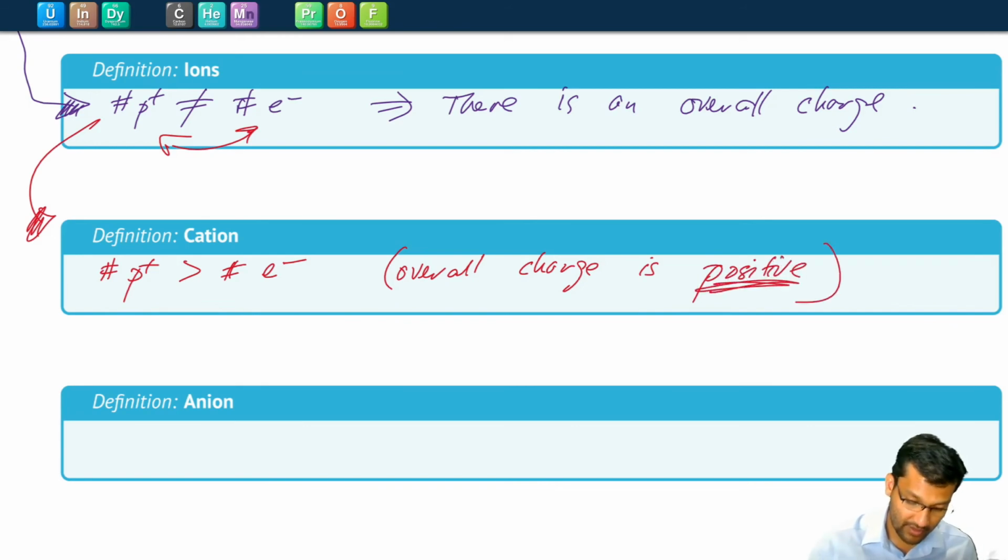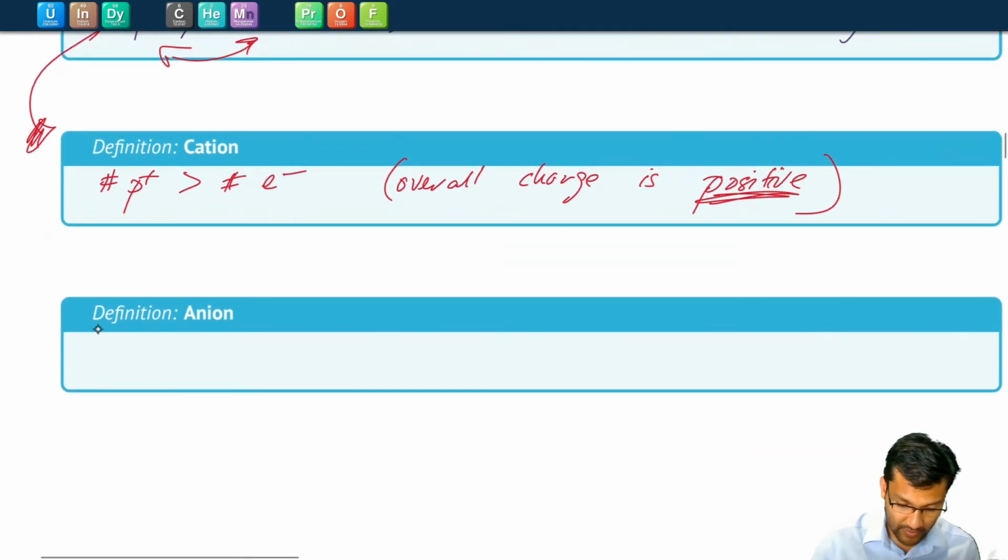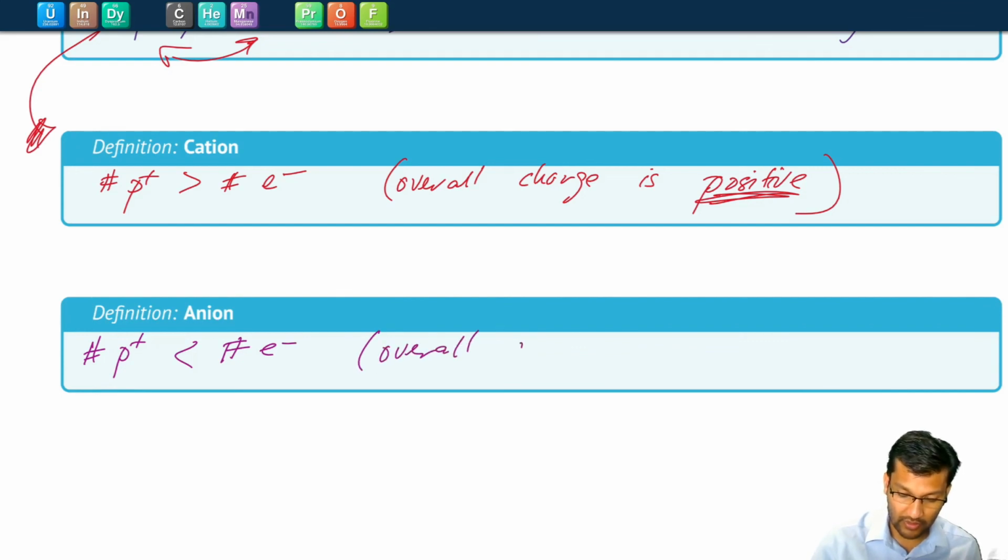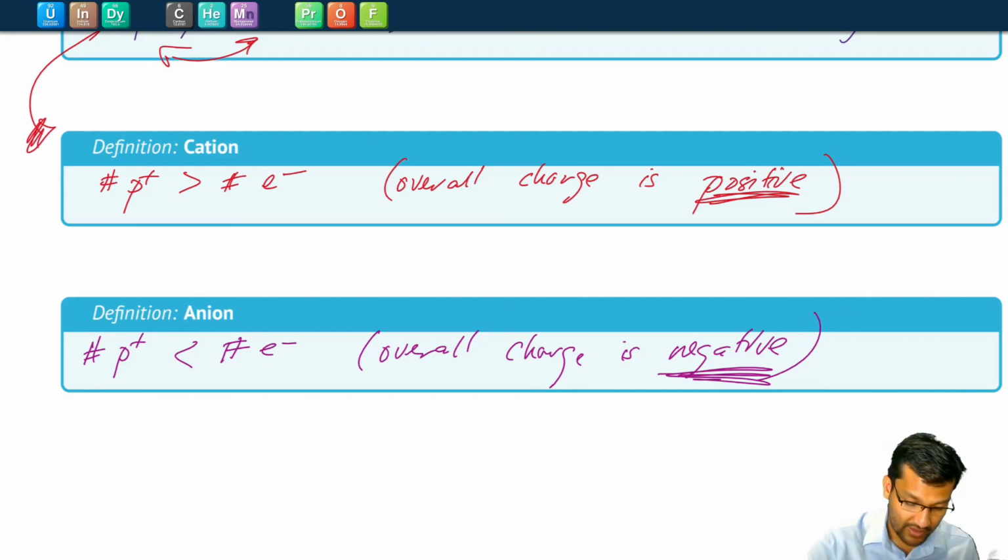And vice versa, for an anion, the number of protons is less than the number of electrons, or the overall charge is negative. The way I remember this is there's a t in cation, which is kind of like a plus sign, so cations are positive.